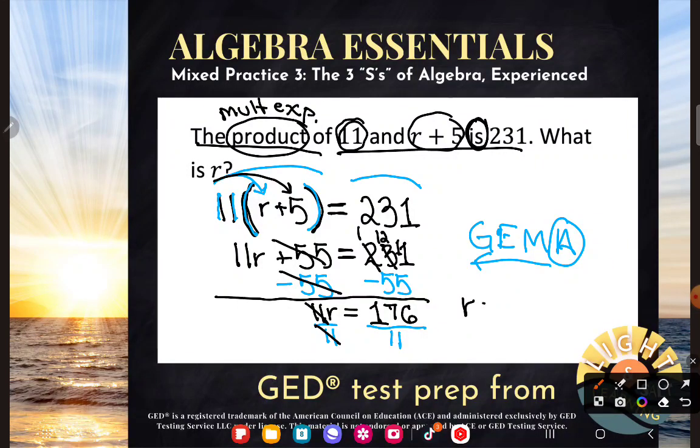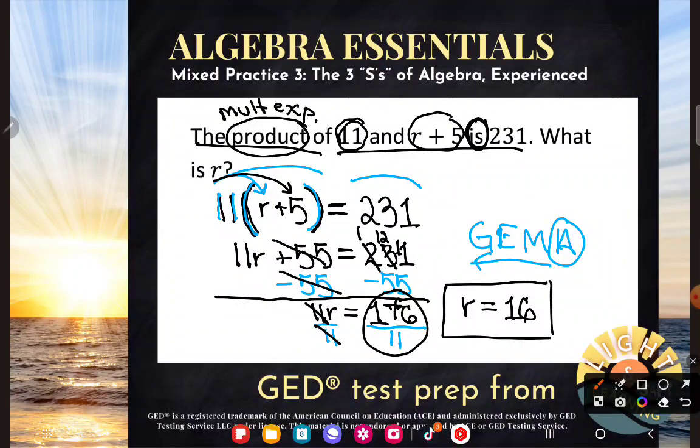They cancel. r is alone, just like I wanted, and there's the math to do. 176 divided by 11, and oh my gosh, I don't have my calculator again. Let's see. 11 goes into 17 one time with a remainder of 6, and 11 goes into 66 6 times. So r is 16.